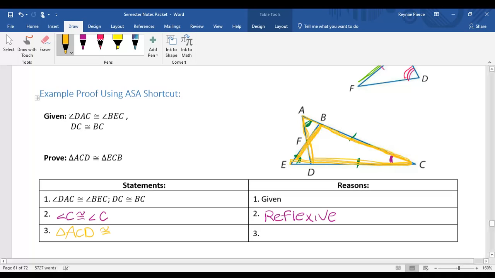Okay, this is two overlapping triangles. And if I were to draw one of these, like if I pull out triangle ACD, okay, DC is marked, angle C is marked, and angle A is marked here. That's our angle, side shortcut.